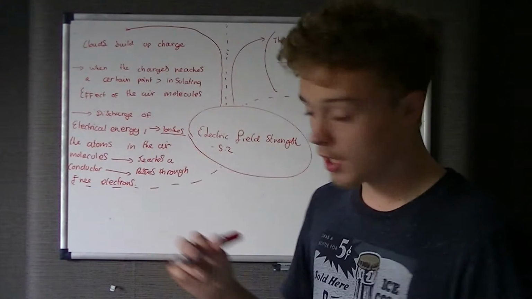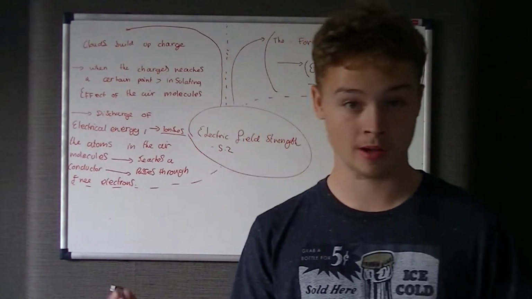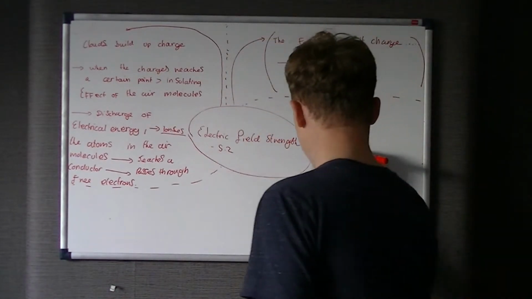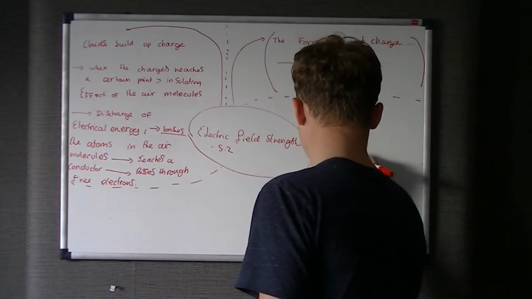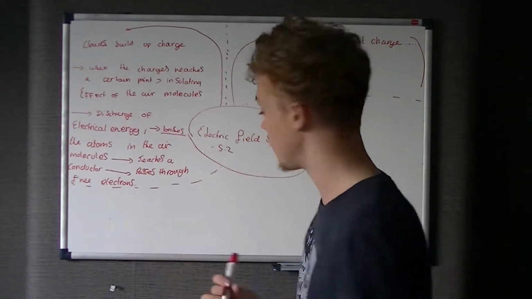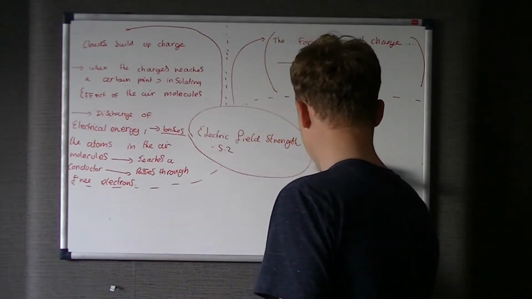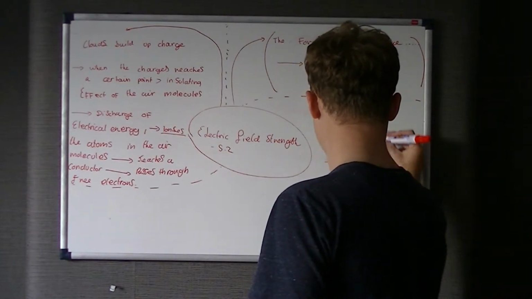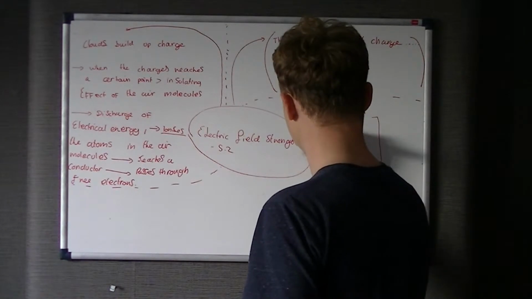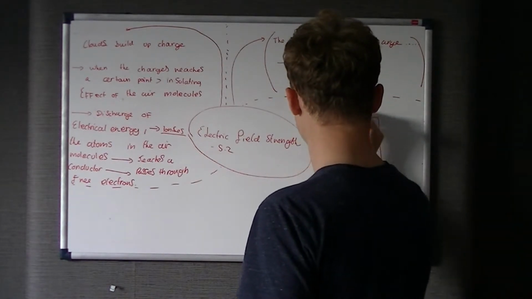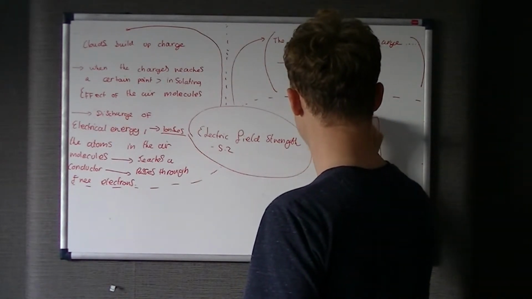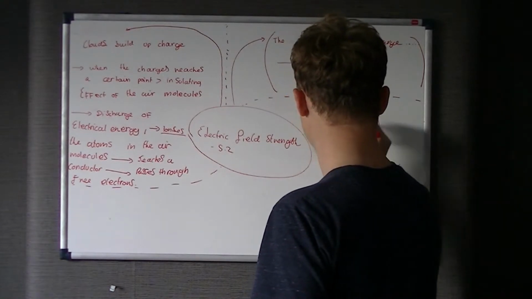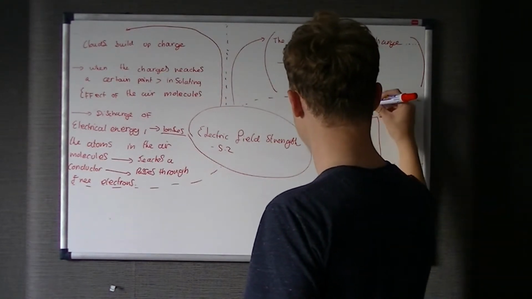So, for example, we could have two parallel plates. If I draw a battery here with the given potential difference V, I'm going to call positive, negative, and obviously this is going from positive to negative, as you should know. So we've got a positive plate here with all the positives, and a negative plate there with all the negatives.